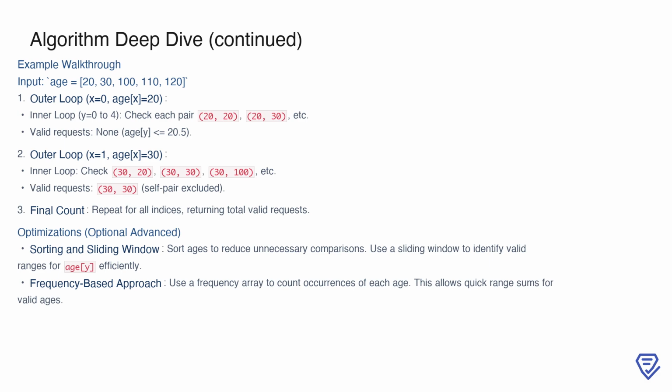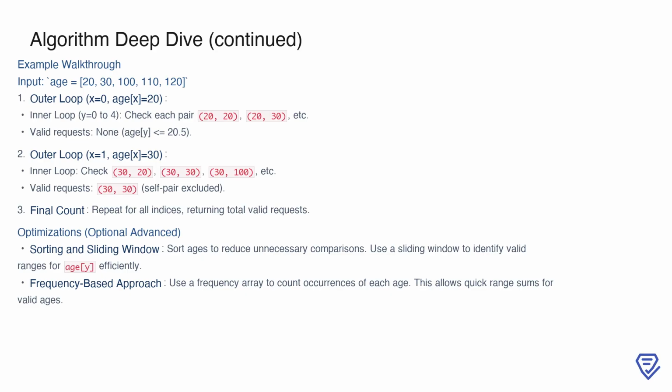To better understand the brute force approach, let's walk through an example with the array ages equals 20, 30, 100, 110, 120. Starting with the first person, who is 20 years old, we check all other individuals to see if they satisfy the conditions for a valid friend request. None of the comparisons result in valid requests because the minimum required age for a recipient is approximately 20.5, which disqualifies everyone.